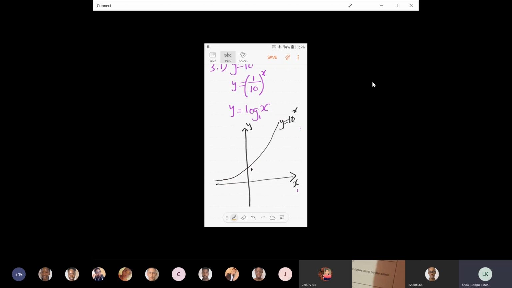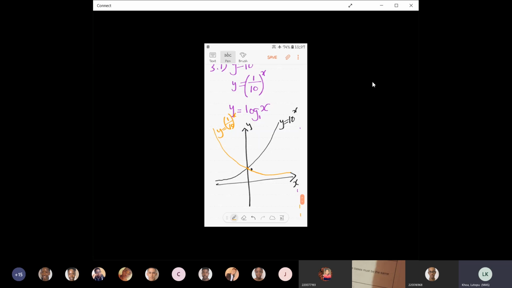When I reflect it, this is what it is going to look like. On the positive x-axis, that is also an asymptote. Then this is y is equal to 1 over 10 to the power of x, which is the same as 10 to the power of minus x.